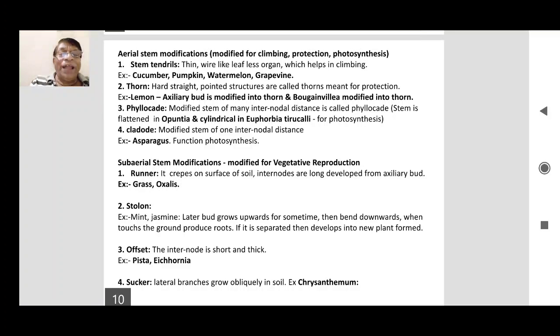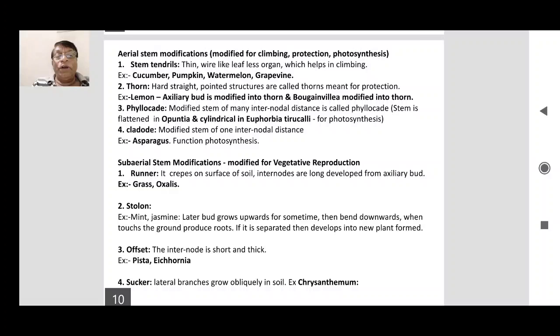It produces lateral buds which grow, and when they come in contact with the soil, produce roots. The internodes are long, very important. If it is cut, it leads an independent life.